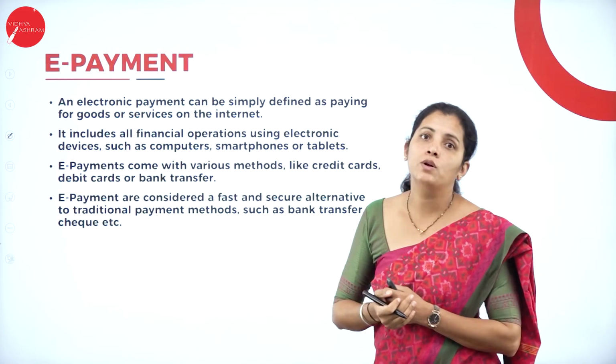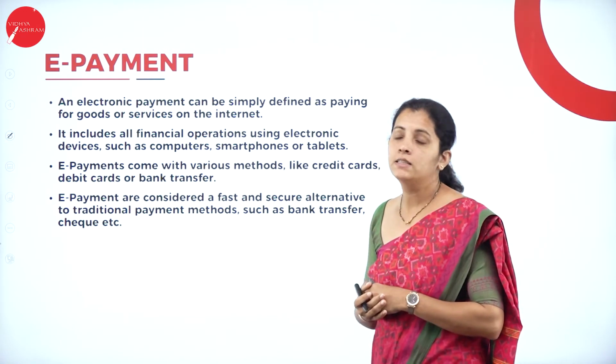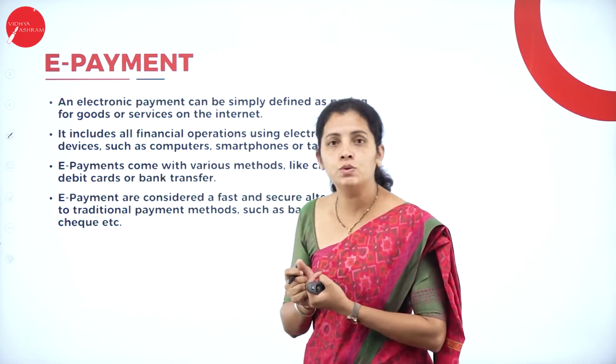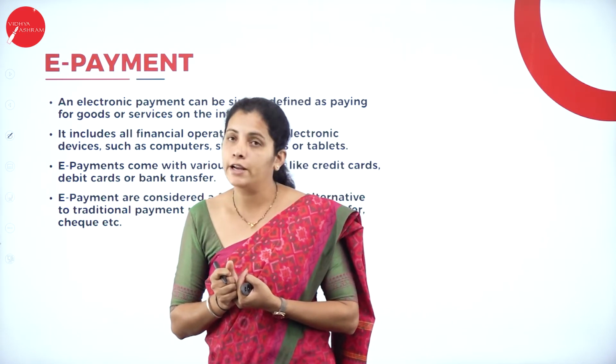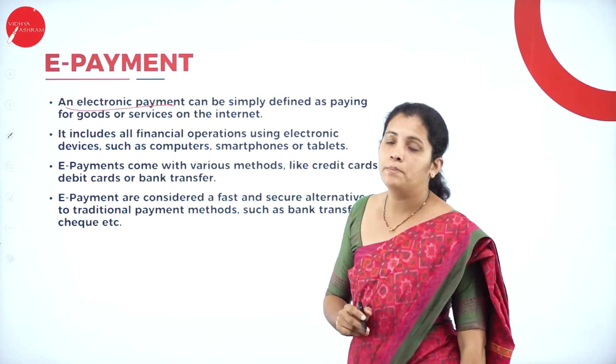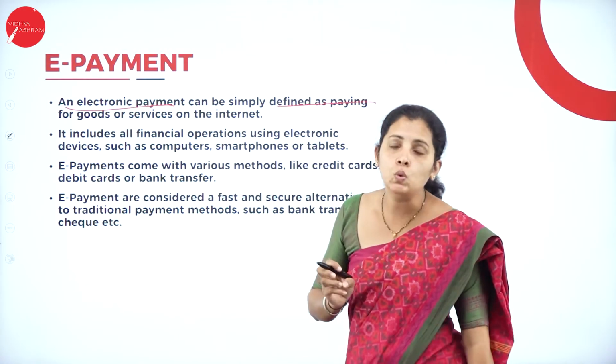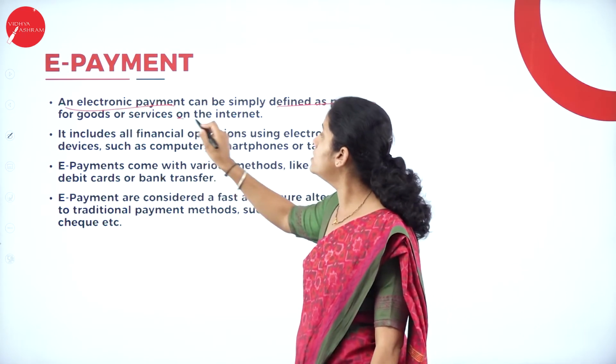Moving further, we are going to have e-payment. So what is e-payment? This is a way used to transfer funds electronically. An electronic payment can be simply defined as paying for goods and services on the internet.